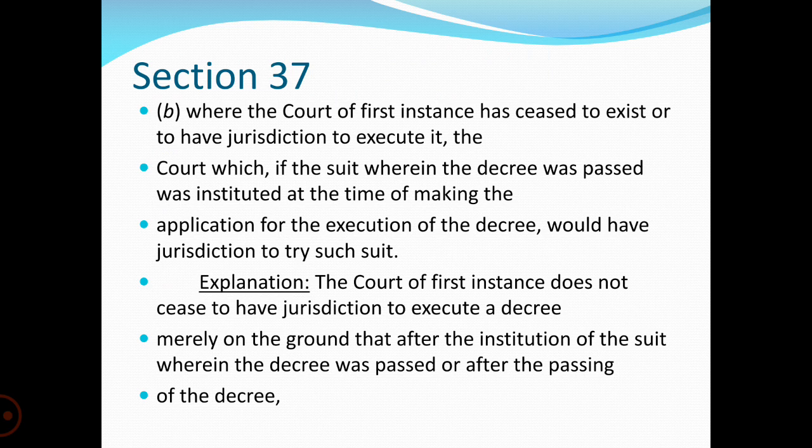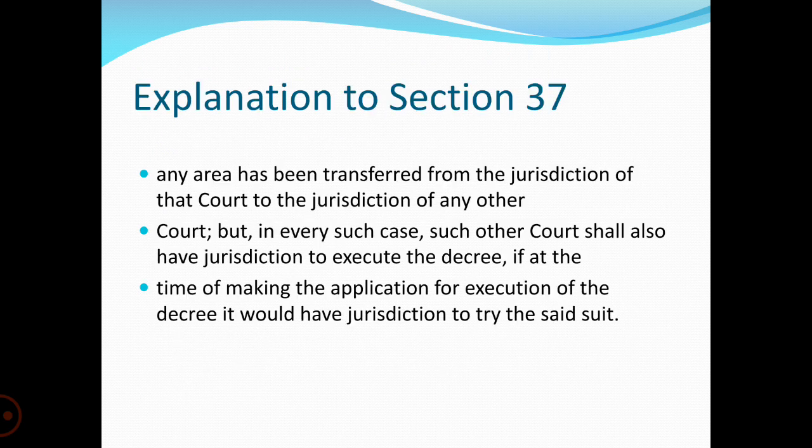If at the time of making the application for execution of the decree, it would have the jurisdiction. This says that the court of first instance does not cease to have the jurisdiction to execute a decree merely on the ground that any area has been transferred from its jurisdiction to that of any other court.